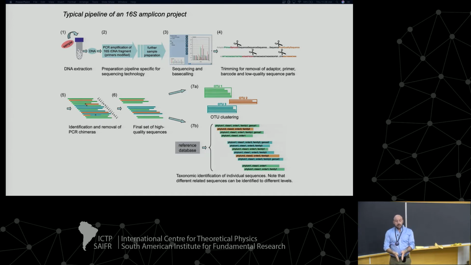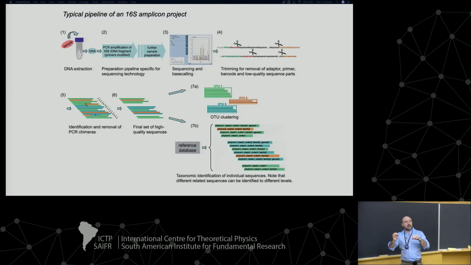And then I can just sequence all of that, and later reconstruct the species that were in the system. So I don't need to separate them. I can just extract everything, and this gives me an estimate for the species. I'm not going to really say why the 16S and not other regions. It turns out to be a reasonably good marker for these things.